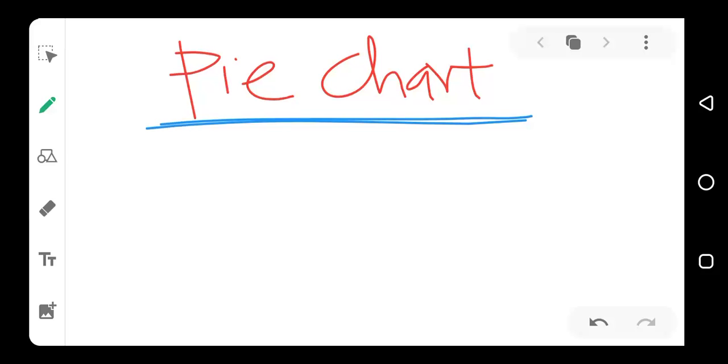Today we want to do a revision on data presentation, and we are going to focus our attention on how to present data using pie charts. Our attention is going to be on pie charts.